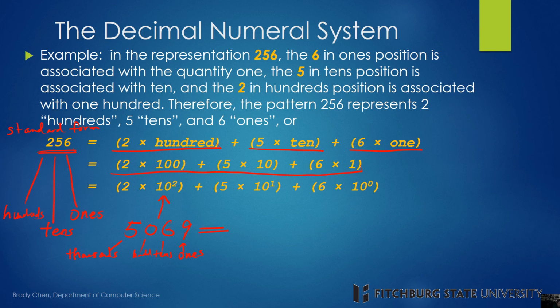Now, in expanded form, we can write 5069 as 9 times 10 to the 0, because 9 is in ones position, and 6 times 10 to the 1, plus, now 0 is in hundreds position, so it's 0 times 10 squared, and then 5 times 10 cubed, or 10 to the 3. Now that's the expanded form for the number 5069.